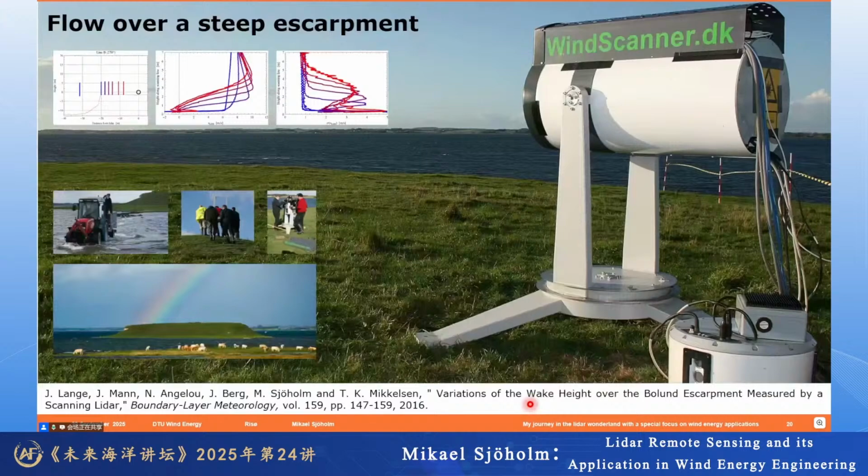And as Jakob mentioned in the previous presentation, as an answer to one of the questions, you could do this very rapidly, these rapid scans up and down. So you can basically do this 10 times per second. We studied a cliff here, a small island, where we studied the inflow.